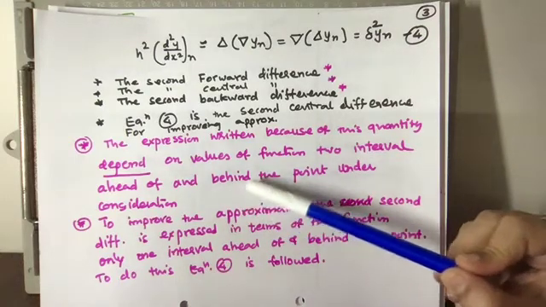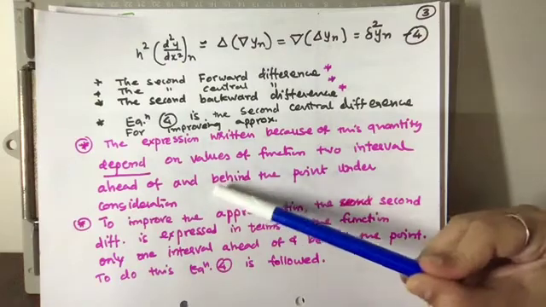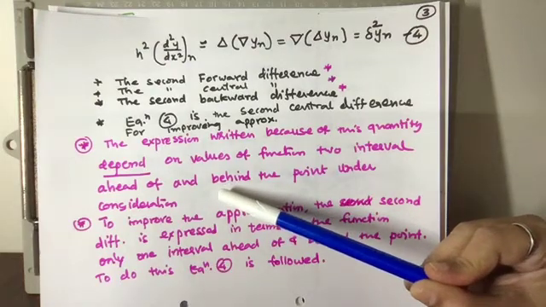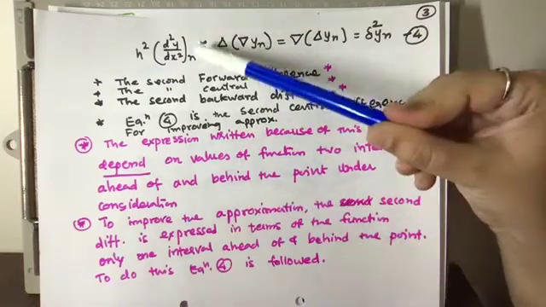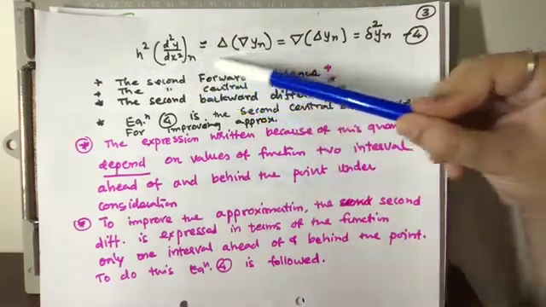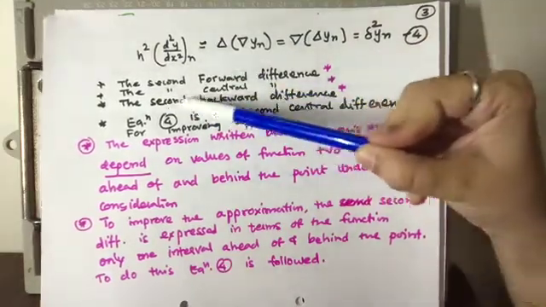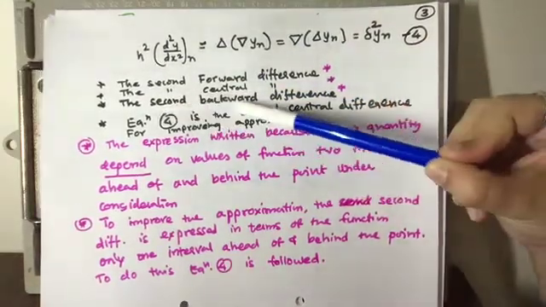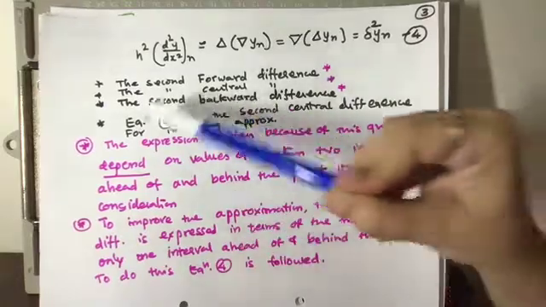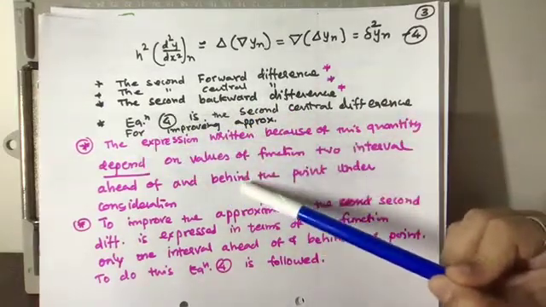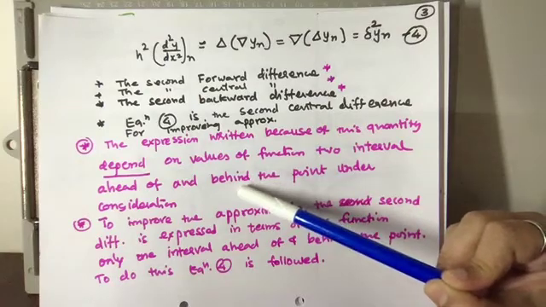What is the point under consideration? It is xn and the function value is yn. We will see in the next slide why it is so.